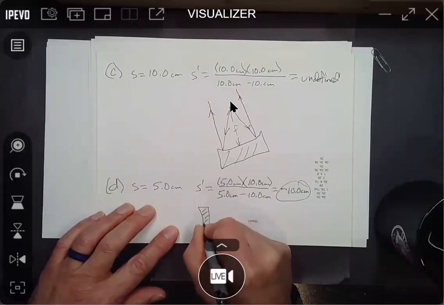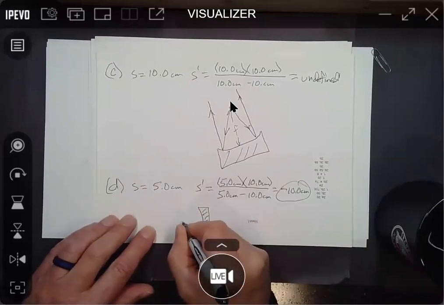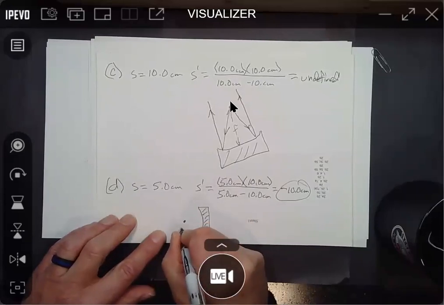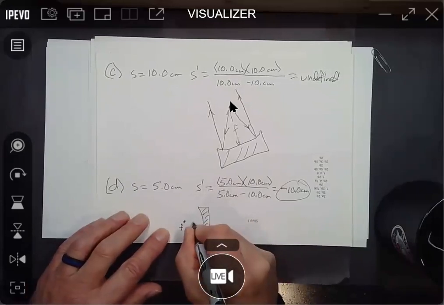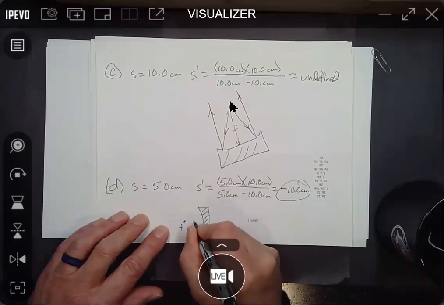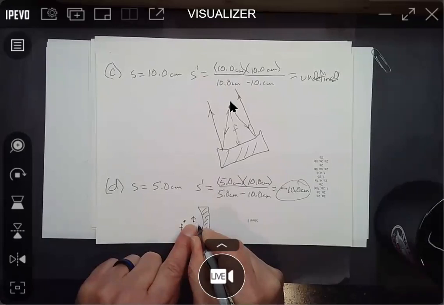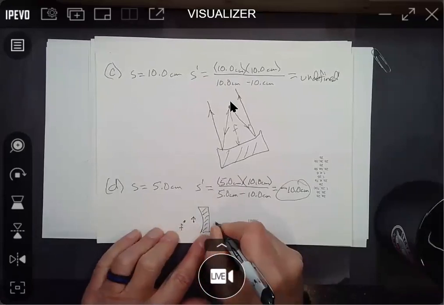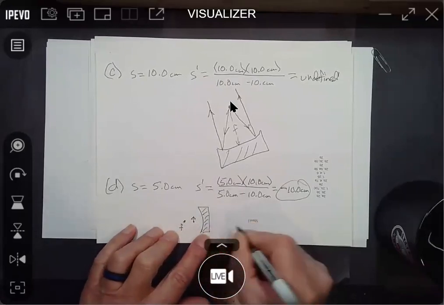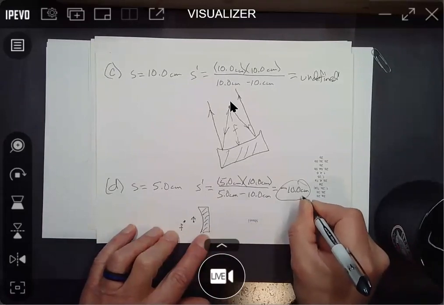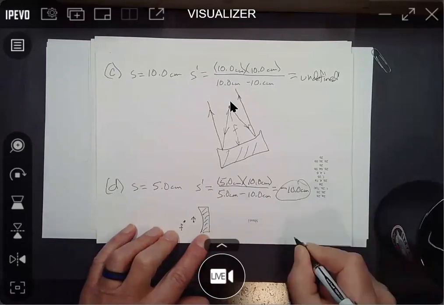Okay, there's my concave mirror. It's got a focal length of 10 centimeters, but I just put this object here, half that distance from the mirror. And what I get for this is a negative distance.